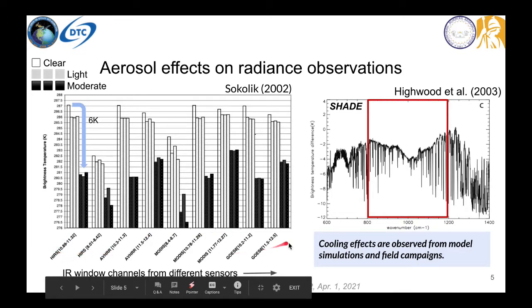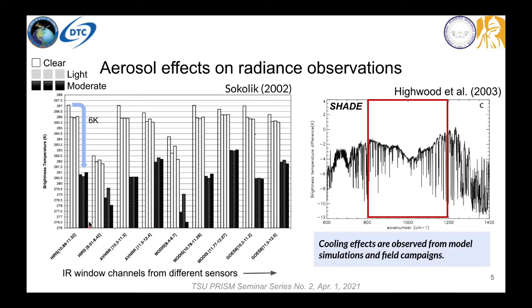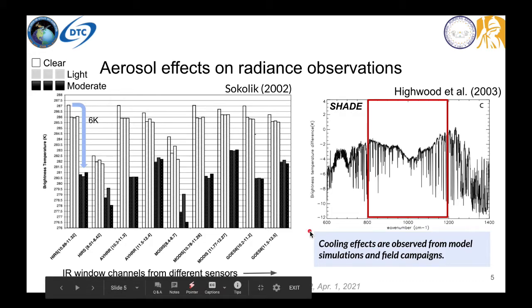However, there are many studies that already pointed out that when we consider aerosols inside the radiative transfer model, you could reduce the brightness temperature simulation by up to 60 degrees, or even more when we have a heavier loading of aerosols in the column.